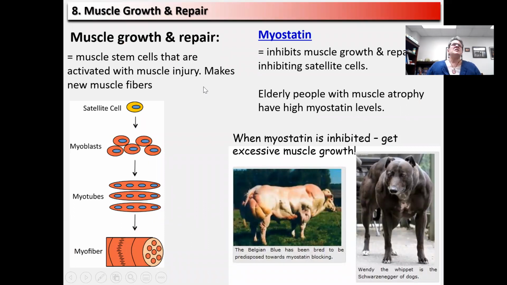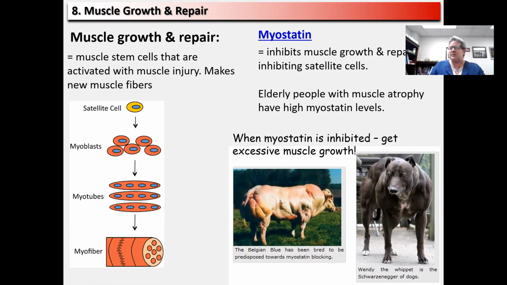Okay, so muscle tissue can be damaged. And on a daily basis, if it's not a disease process, muscles have stem cells called satellite cells, which repair and replace injured muscle. Now, for every action, there's an opposite reaction. Myostatin will inhibit satellite cells. So it's a balance of growth and inhibition of that growth.